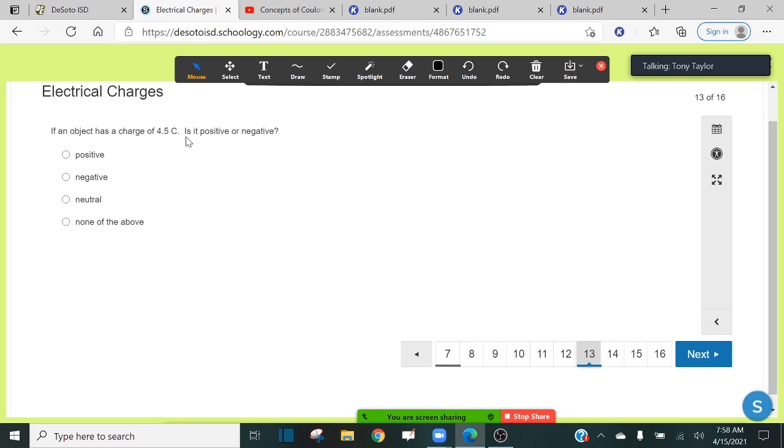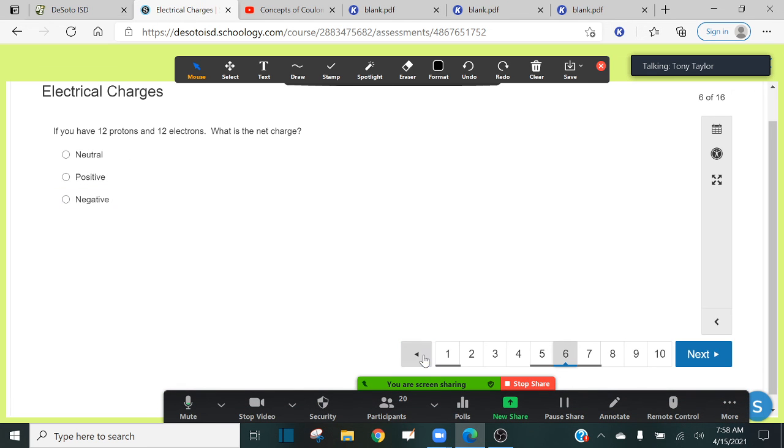On this question right here, if an object has a charge of 4.5 coulombs, is it positive or negative? Well, we don't see a negative there, so that means it must be positive.